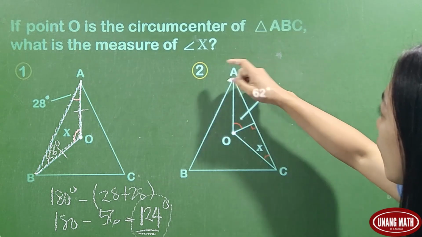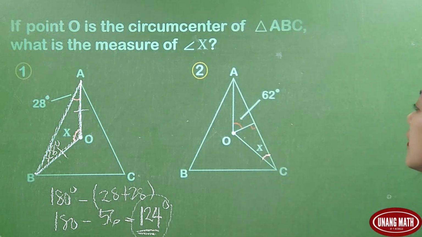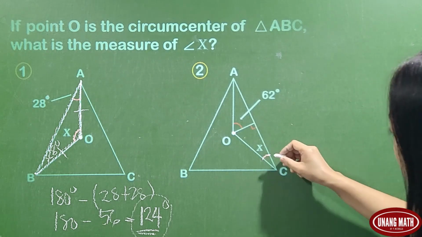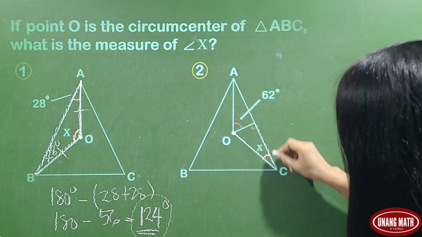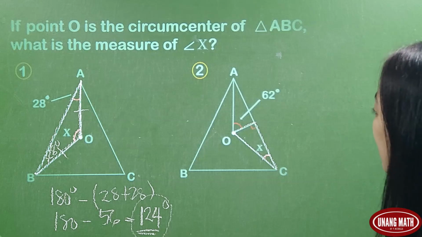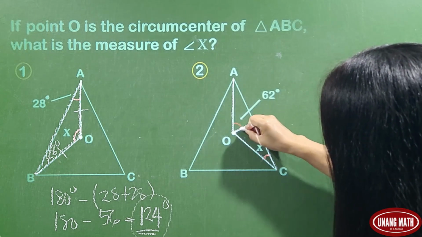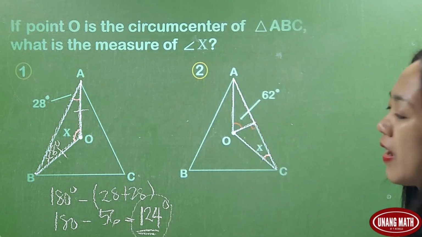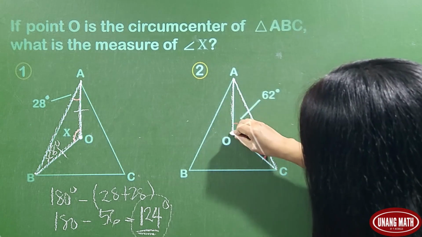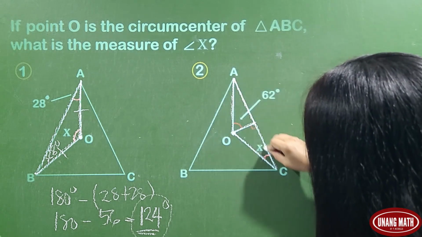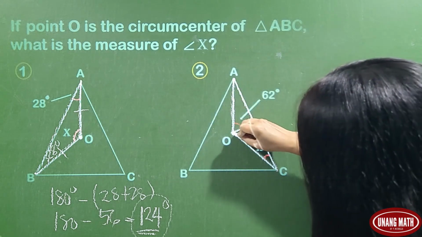What about this second figure? We're looking for the measure of angle X, or this angle. This angle belongs to this triangle, and this triangle is actually equal to this triangle. If we take a look at this bigger triangle, this side of this bigger triangle is the radius of the circle.